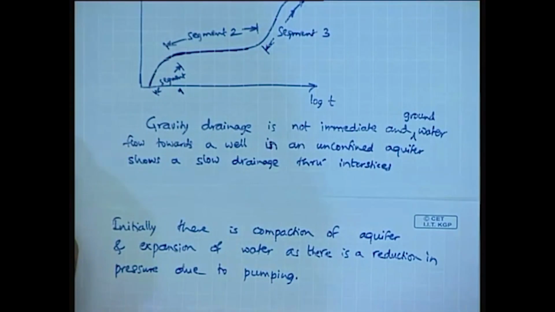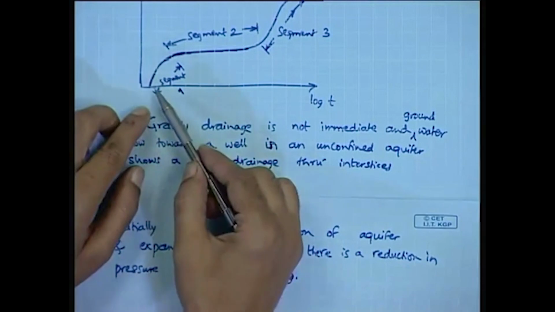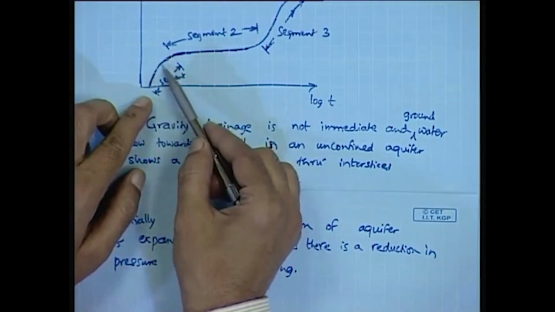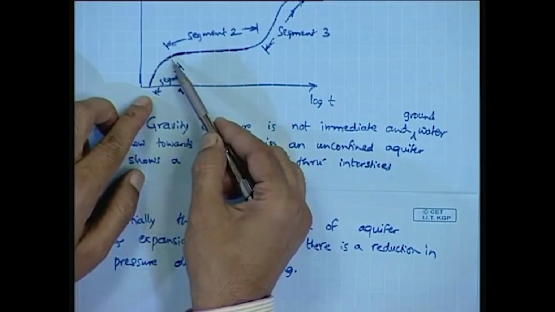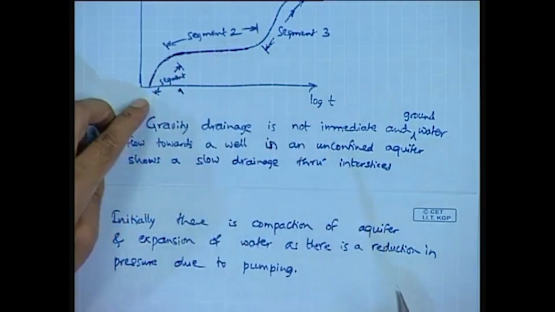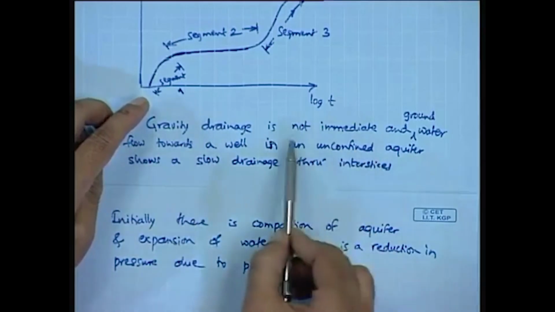Here the drawdown reacts similar to a confined aquifer. So, in this region it more or less behaves like a confined or artesian aquifer or pressure aquifer, and afterwards the gravity drainage starts.